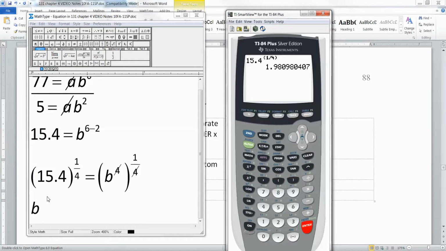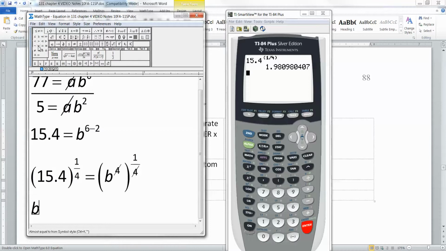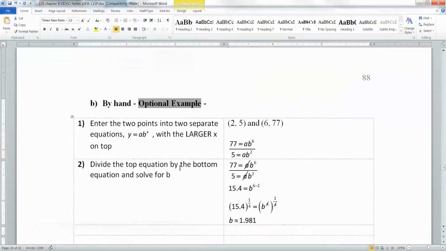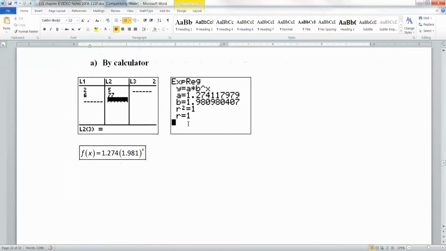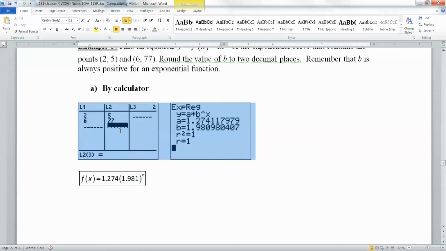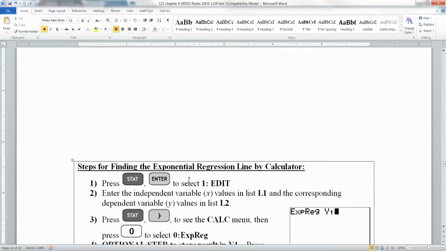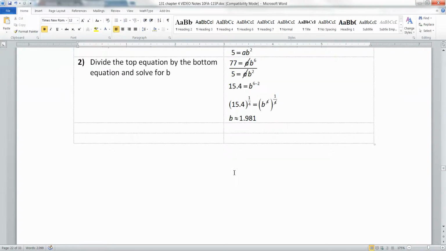Enter. 1.98, 1.981, which if you recall is what we said it was right there.